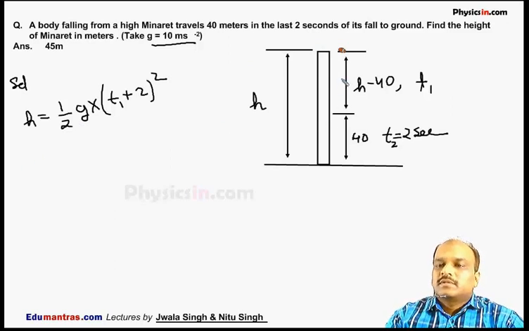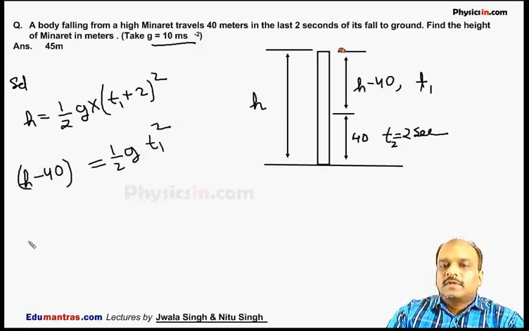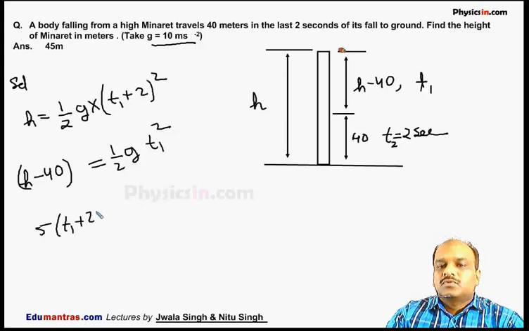In the next part, h minus 40 is the displacement in t1 seconds vertically downward, so it is also equal to half g t1 square. Now from these two expressions, if I substitute the value of h here, I get 5 into t1 plus 2 square, minus 40, is equal to 5 t1 square.